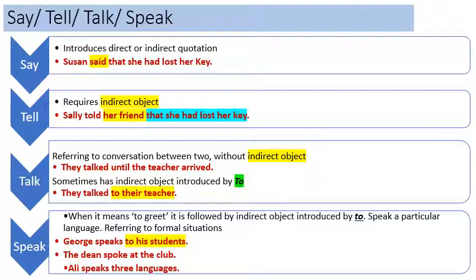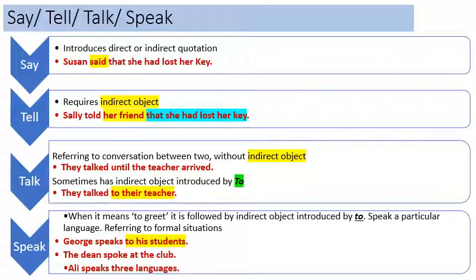With say, usually it introduces a direct or indirect quotation. Just like when we say, he said that Susan said that she had lost her key. Susan is the subject, said is the verb which we use with reported speech, and that she had lost her key.